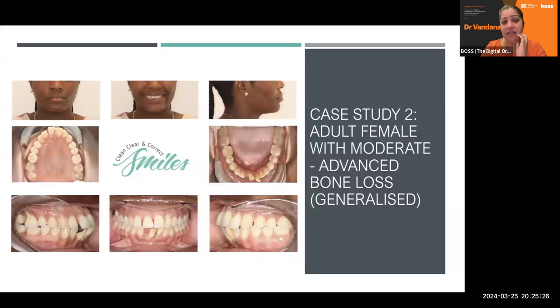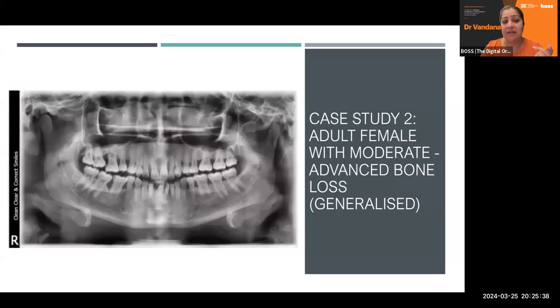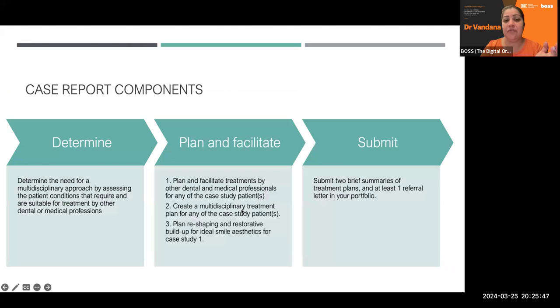And basically, this is case study 2, an adult with perio, who's literally got advanced bone loss, especially on the lower incisors, and those upper molars as well, the 16s. And we literally are losing some teeth. And moderate bone loss, and look, the 16 is pretty much gone. 46 is gone, right?